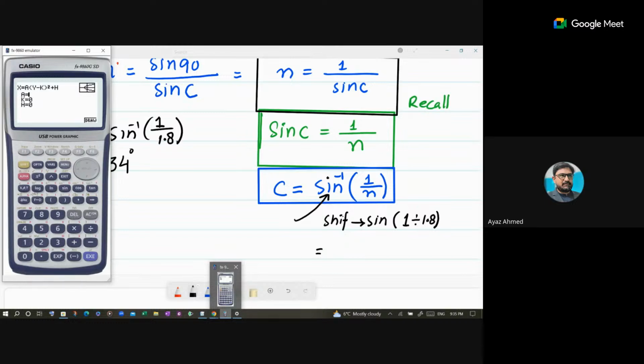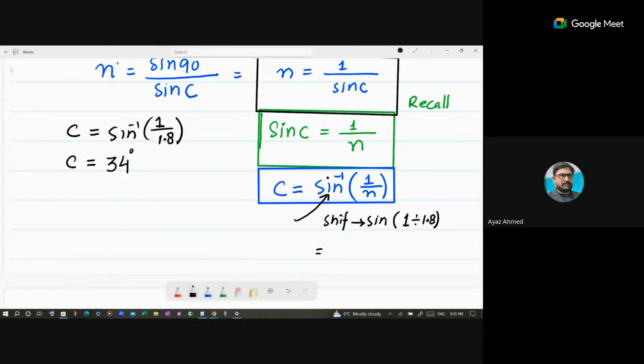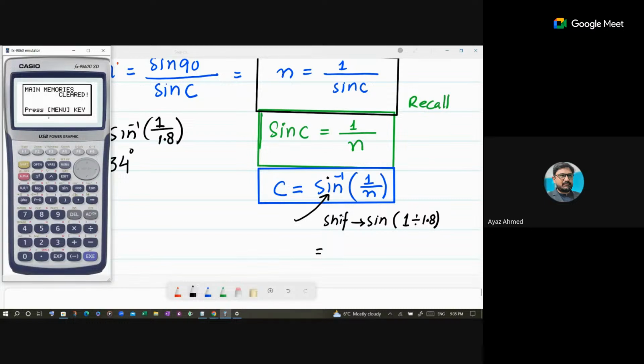Oh no, this is a graphical calculator. Oh my god. In that one, main memory clear, press menu key. I don't know what to do. Anyhow, shift sine inverse like this, and then you do bracket 1 divided by 1.8 bracket close. You should get the answer. I will try to learn how to operate this and then I will let you know.